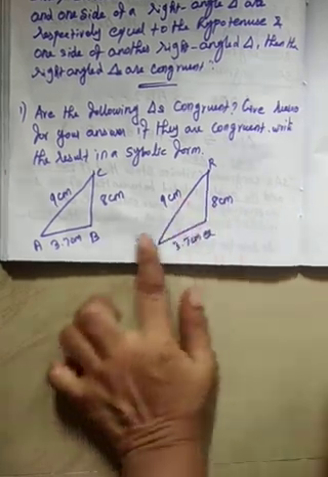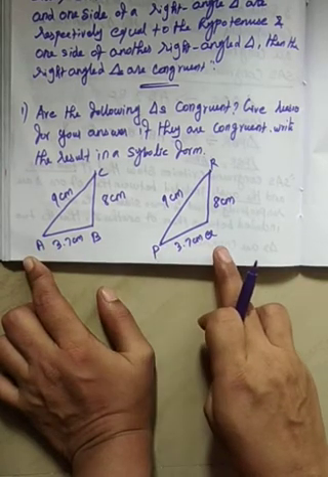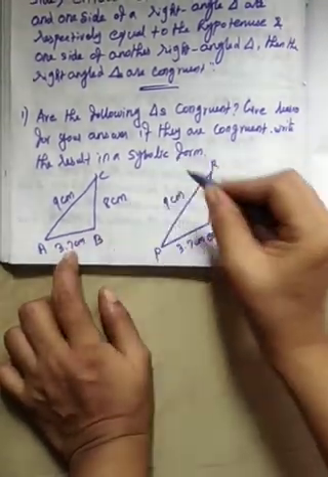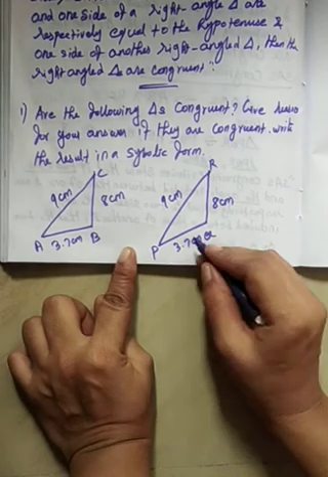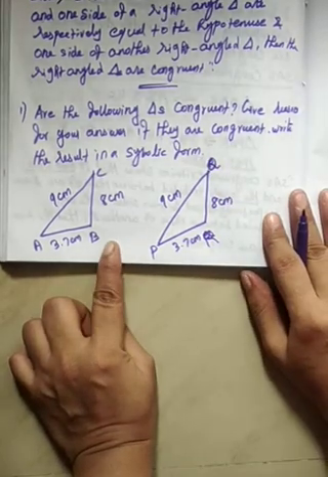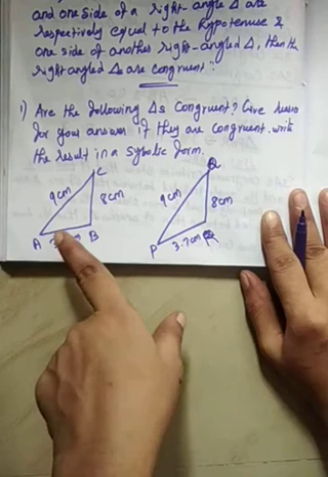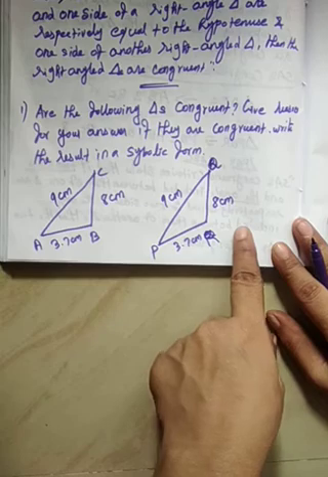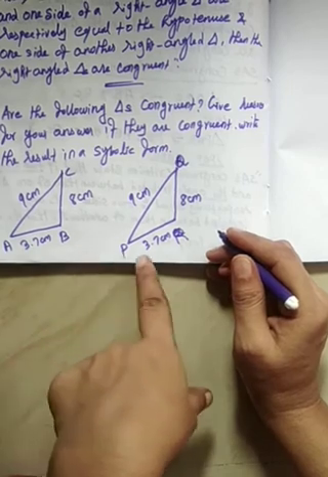Because, see here, A, B, C, P, Q, R, anyone you can take. In these two triangles, they are congruent by SSS congruence criterion. Because, see here, in this AB equal to PR.